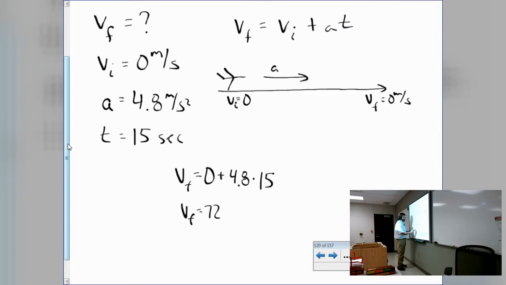And that would be in a positive direction, so it is a velocity. So that is our first kinematic equation. Let's take a look at another.